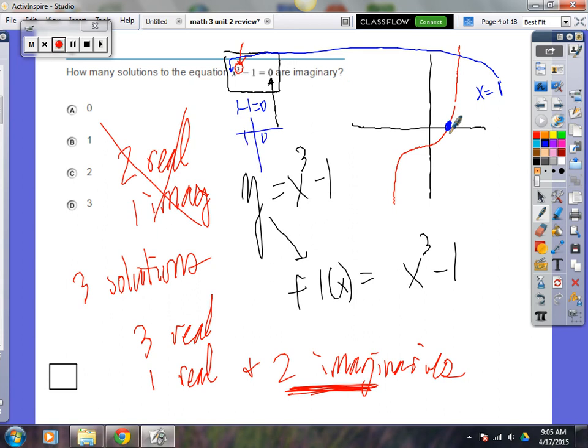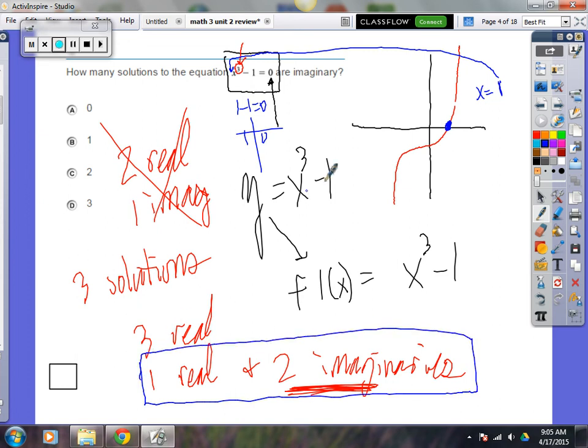But the other 2 have to be imaginary, so it's got to be this: 1 real and 2 imaginaries, because your real solutions are wherever it crosses the x-axis. So how many solutions are imaginary? It's got to be C.